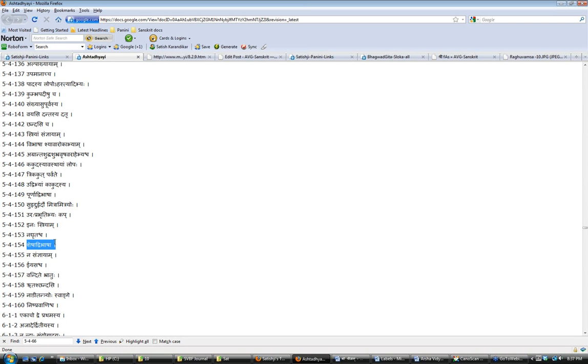Any bahuvrihi can take kap optionally. But for Ura Prabhriti, if the Samasa is in the Gana of Ura Prabhutibhya, then, like Vyudoraskaha, Vyudha Uraskaha, means one with broad chest. Vyudham Uraha Yasya Saha, Uras means chest, Vyudoraskaha.